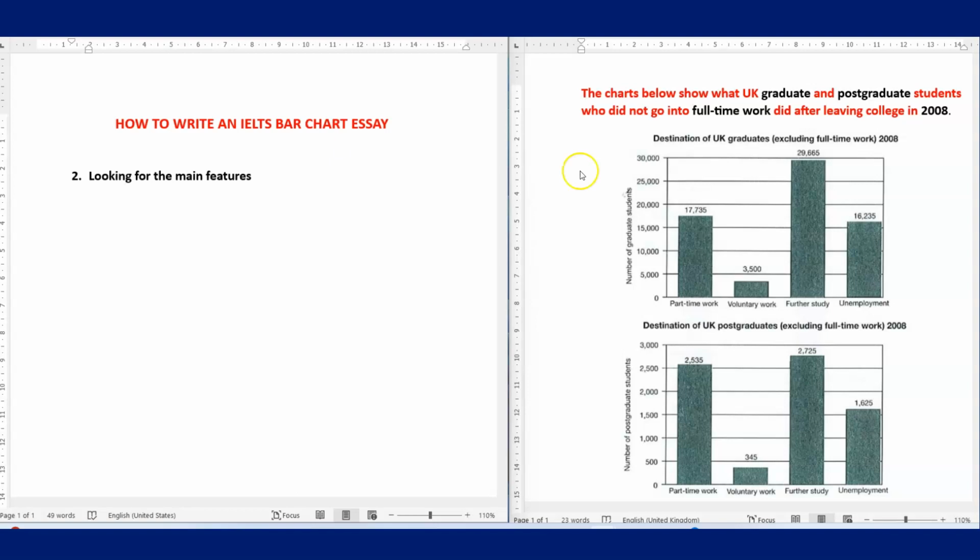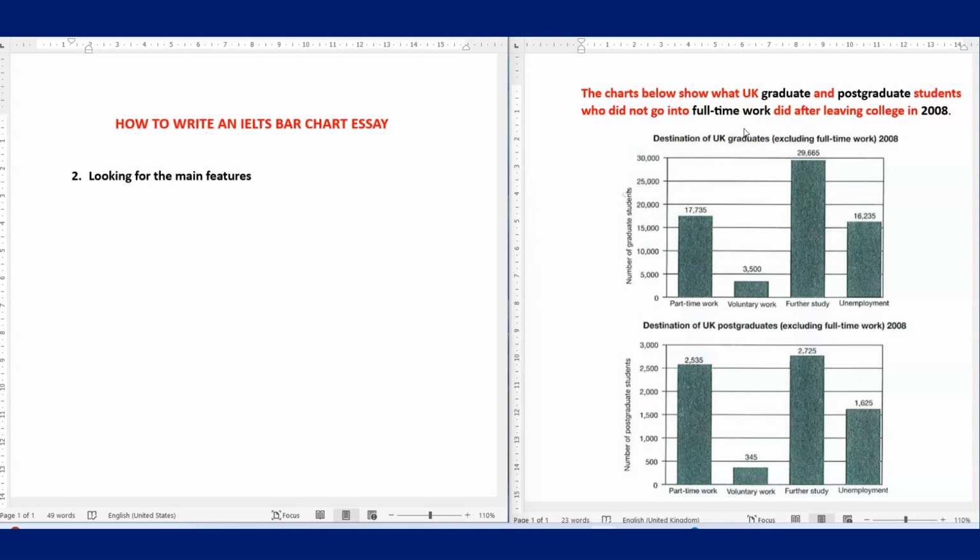So, our practice question. Before you look out for the main features, the first thing you should ask yourself is, what type of question am I looking at, depending on the timeline. We have to look at the question and assess whether it's a dynamic or a static graph.